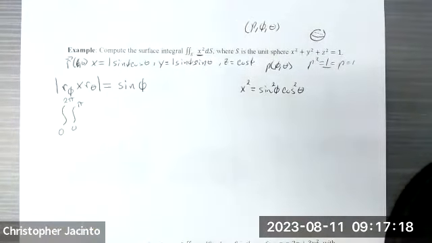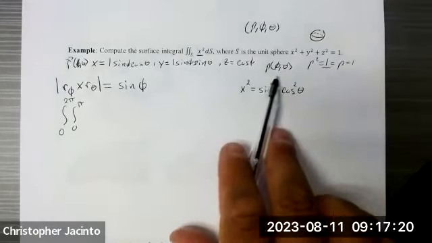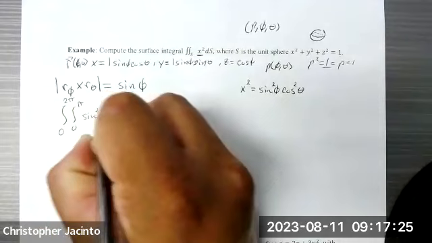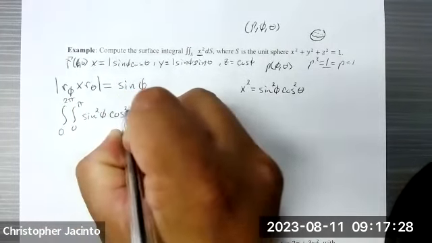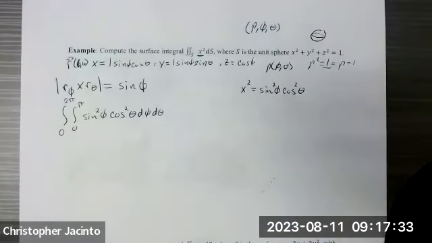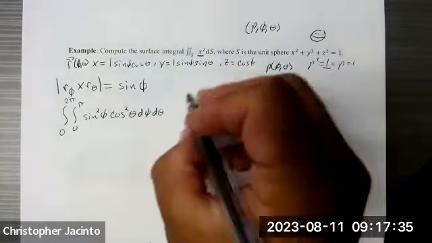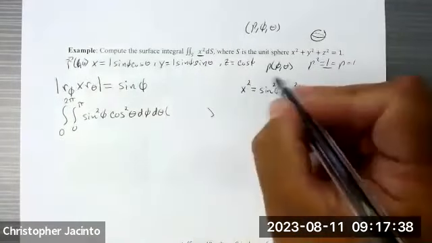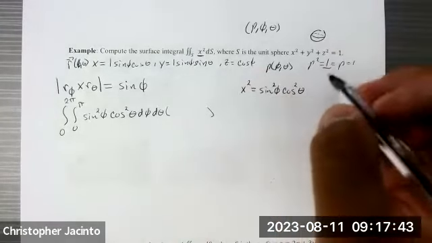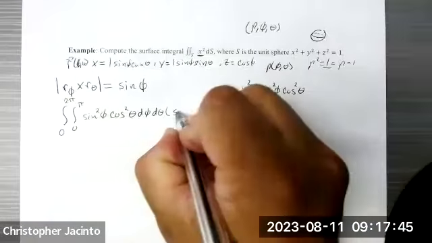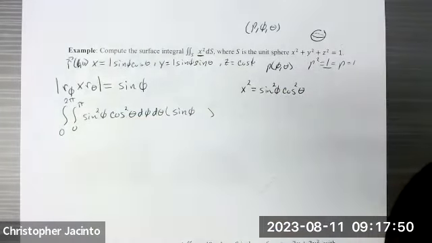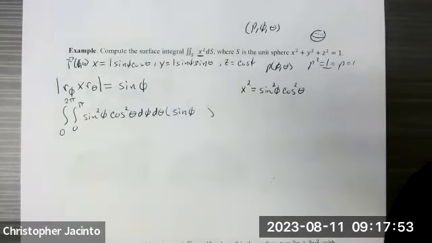We have no rho because it's only in terms of two variables. So we plug this in: sine squared phi cosine squared theta, d phi d theta. Oh, almost forgot, because we converted to spherical, we have to multiply by the factor, which is rho squared, just 1, times sine phi. So this is going to be sine phi to the third power there.